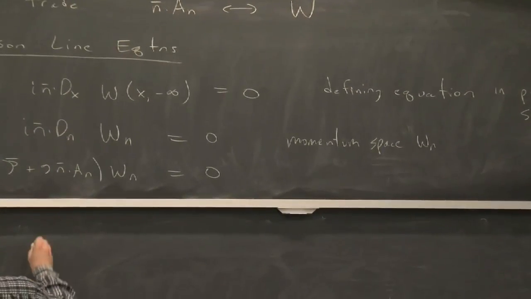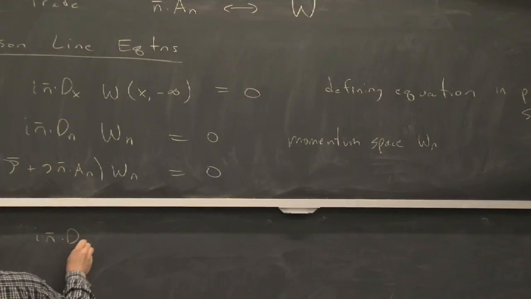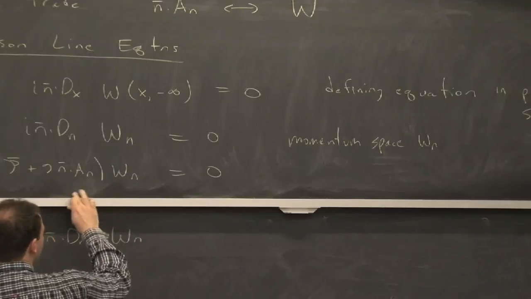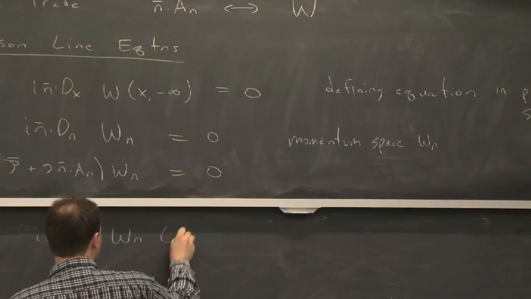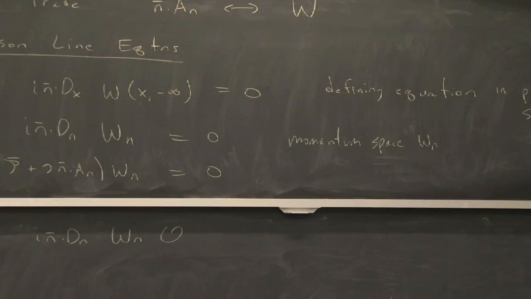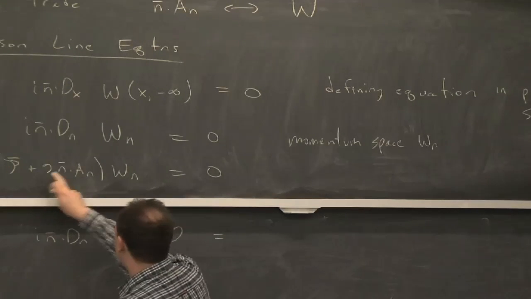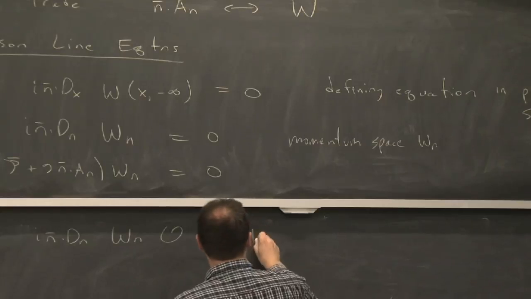OK? So now consider the following thing. Consider this combination. But let me think about it as an operator equation. So let me think about it as if there could be something to the right. If there's something to the right, then the p bar can act on that thing too.